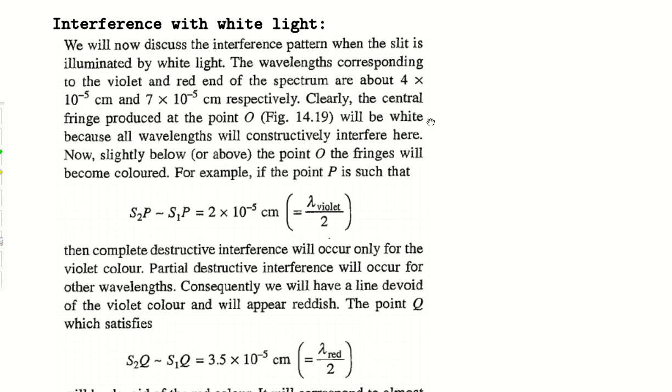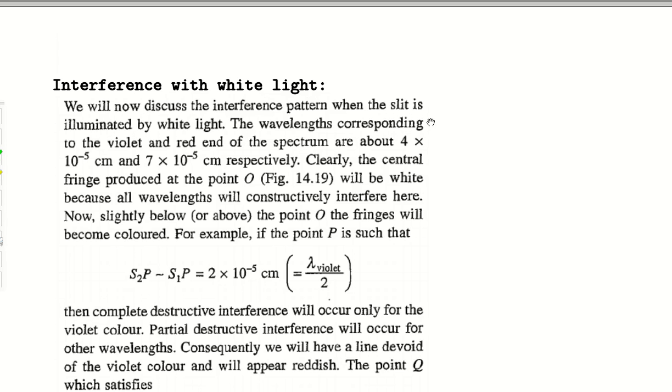So don't get confused with that. Now first thing, the wavelength of visible light. We know violet has the minimum wavelength, 4 into 10 to the minus 5 centimeter, and red has 7 into 10 to the minus 5 centimeter, that is in the range of 7000 angstrom.